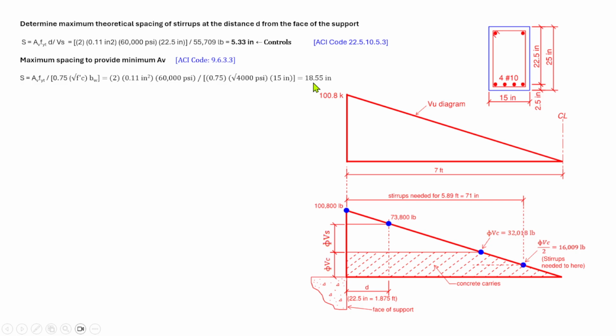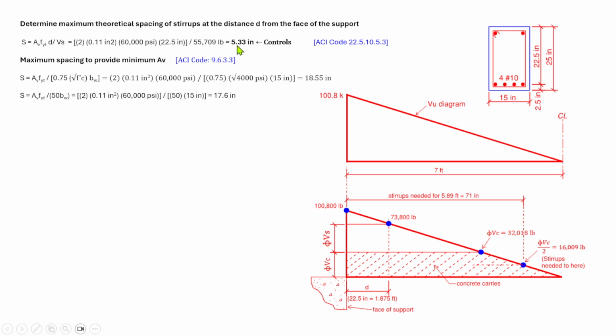That is equivalent to 18.55 inches. The other provision is s is equal to Av fy over 50 times the width of the beam, which is equal to 2 times the area of the stirrups, 0.11 square inch, times 60,000 psi over 50 times the width of the beam, 15 inches, that is equal to 17.6 inches.